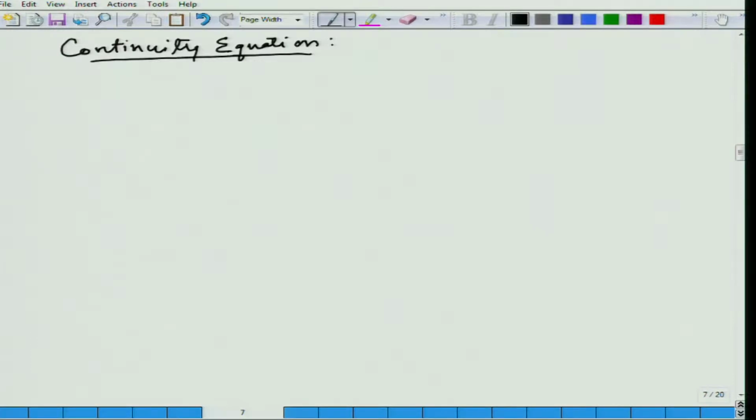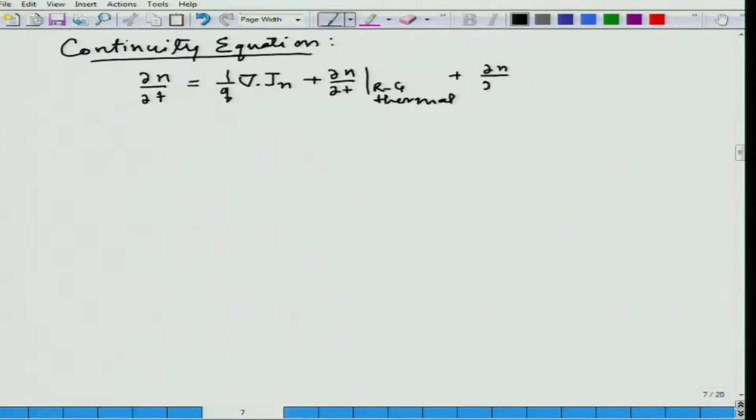So, the change in n is going to be given, in its short form, by 1 by q gradient of the current due to electrons, plus del n del t due to RG thermal, plus del n del t due to other processes.